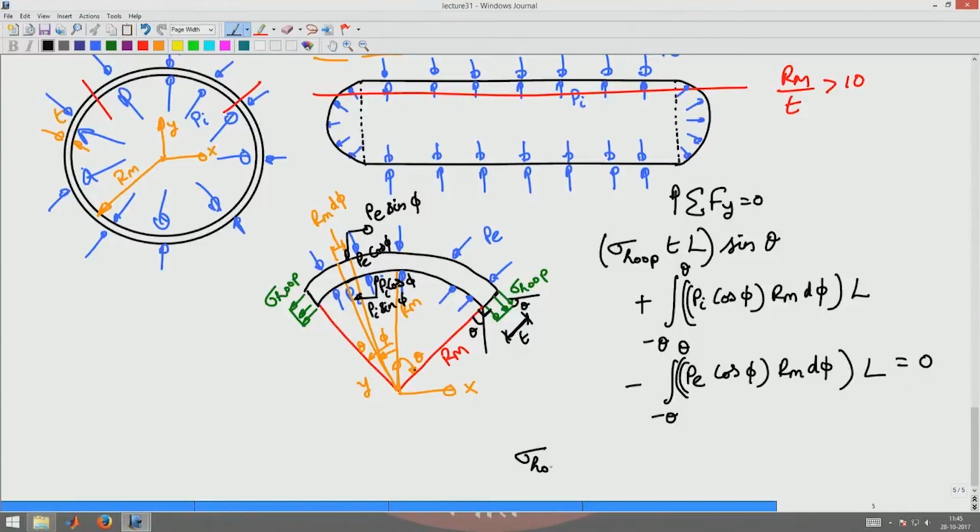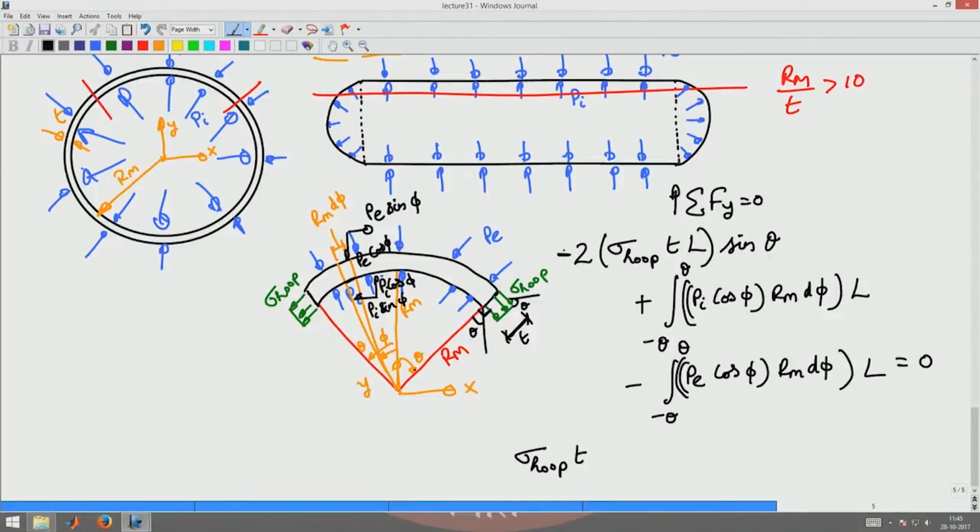Sigma OOP into T, L gets cancelled out, integrating cos phi you will get it as... I left one more component. I took the component of OOP stress on one side, but there is OOP stress on the other side too. So, that should be multiplied by 2, okay. And OOP stress is acting in the downward direction, so there should be a negative sign.